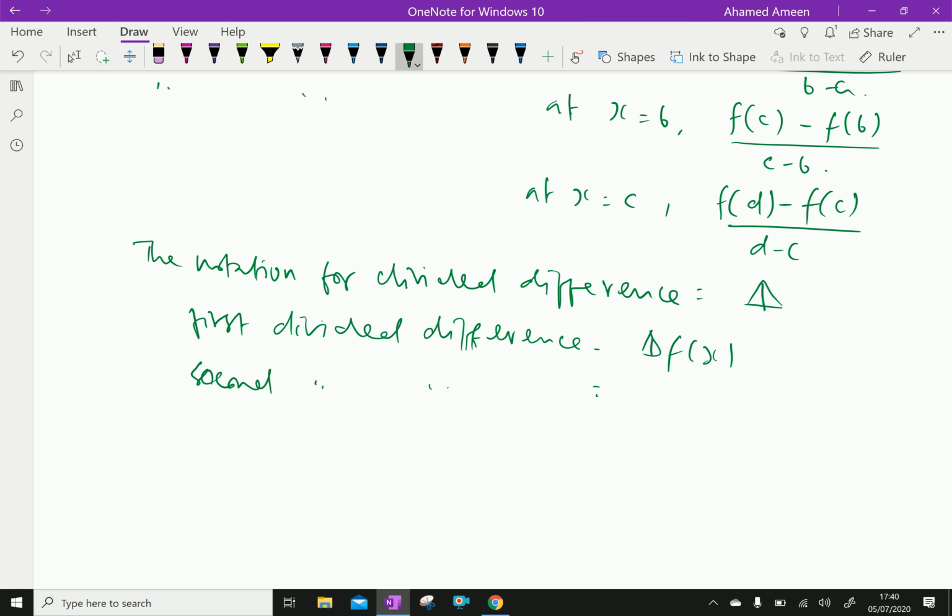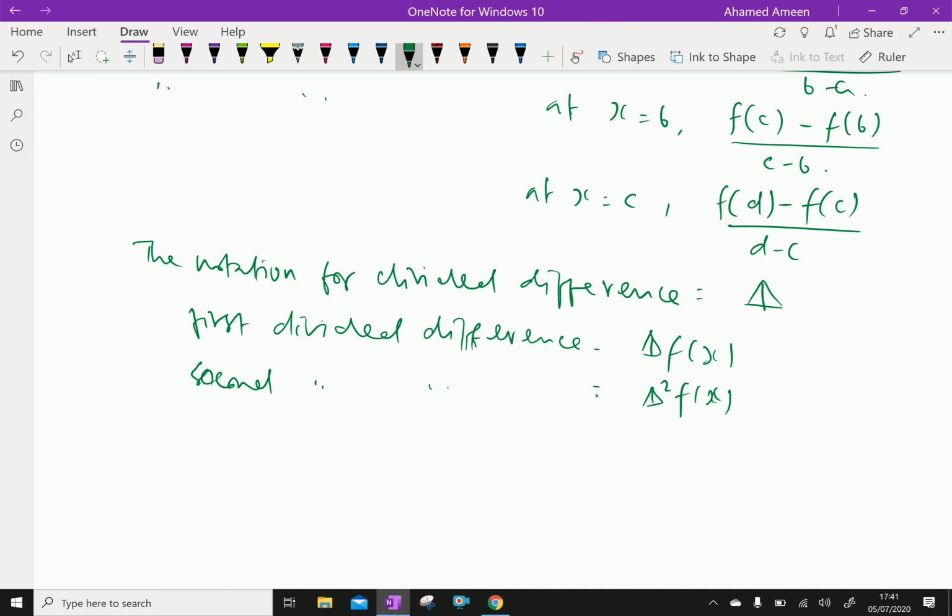The second divided difference we denote by delta cross square f of x, the third by delta cross cube f of x, and it goes on. Then third difference, fourth difference, and so on continue.